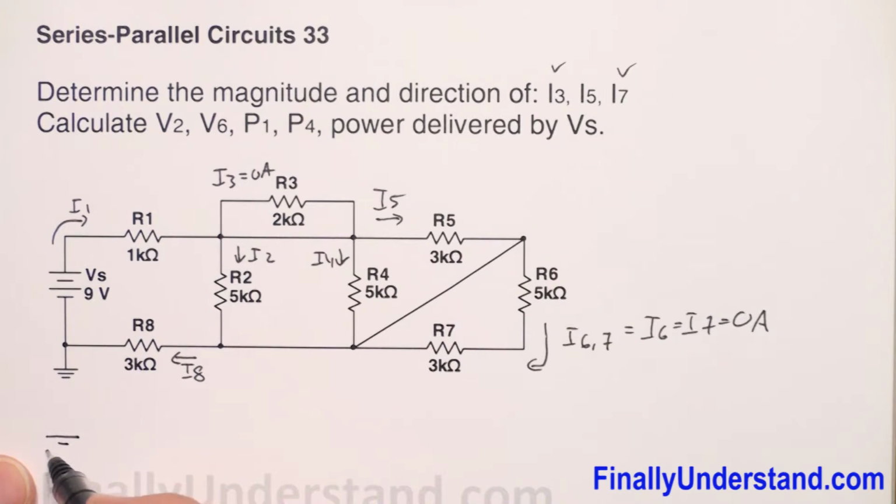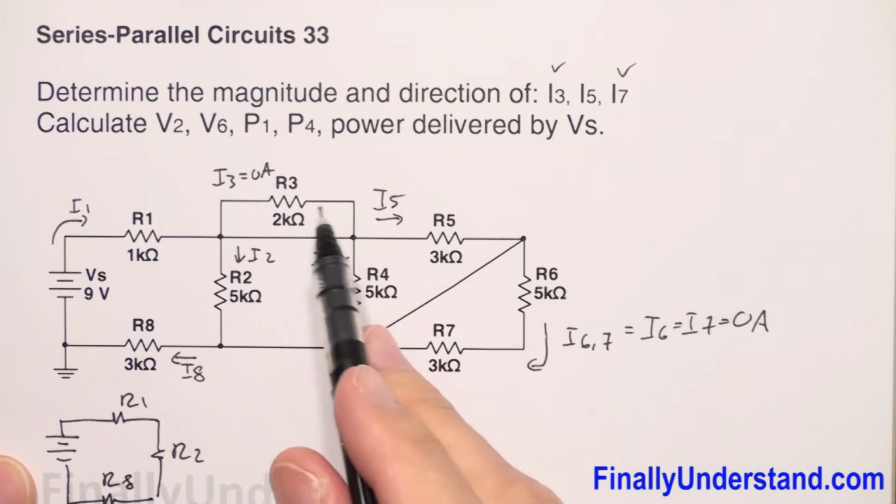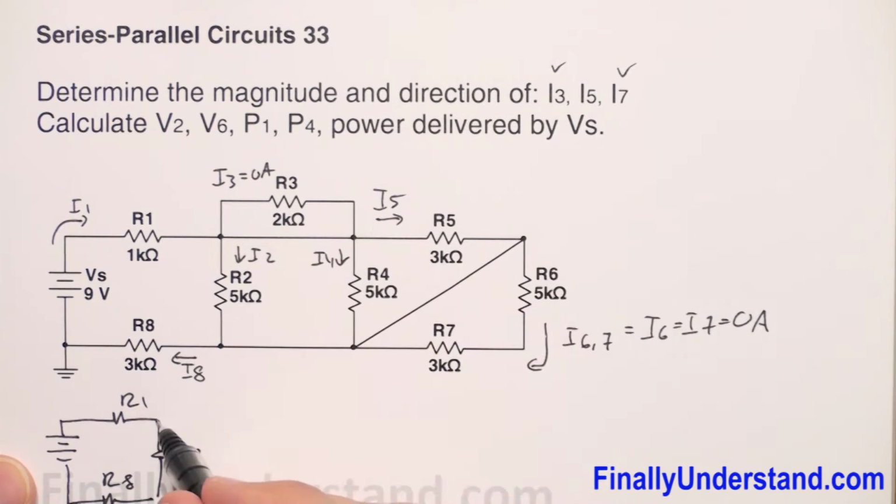So I have a voltage source, and I have resistor R1, resistor R2, resistor R8. My resistor R3 is shorted, so I don't consider it. And this is my resistor R4, and I have resistor R5 over here.